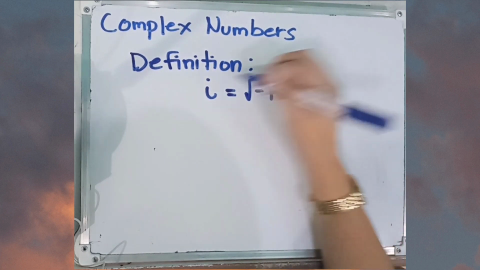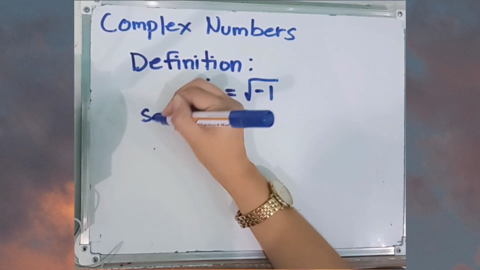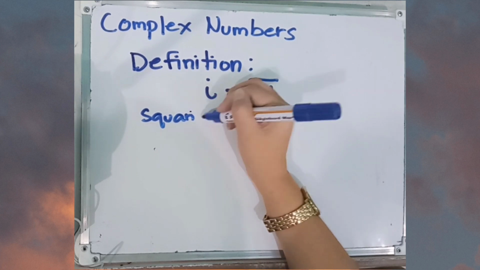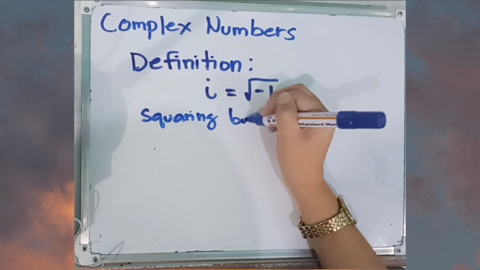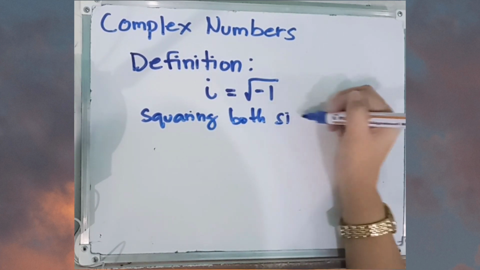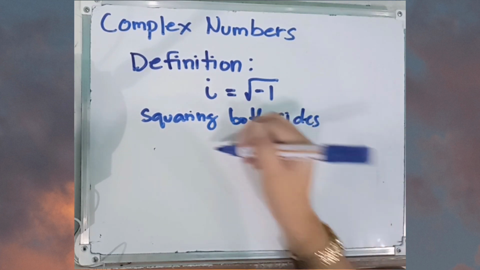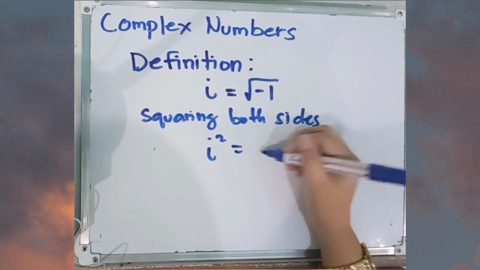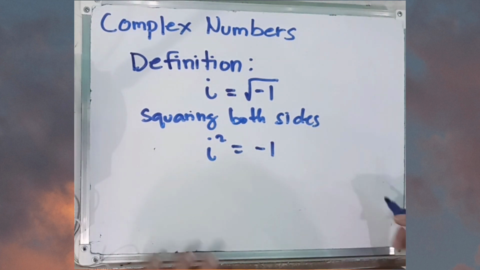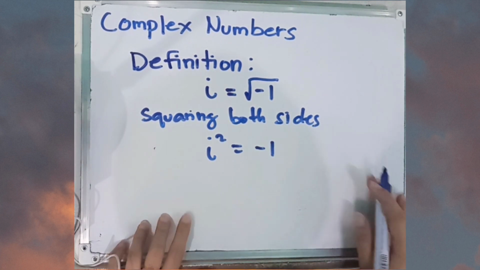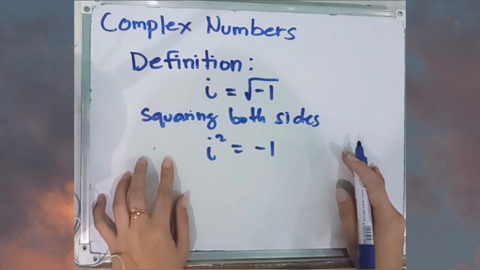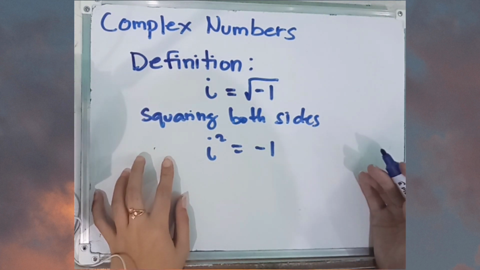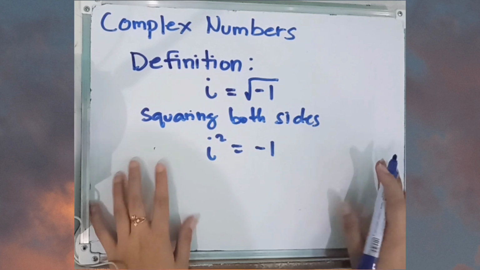If we square both sides of the equation, we get i squared is equal to -1.